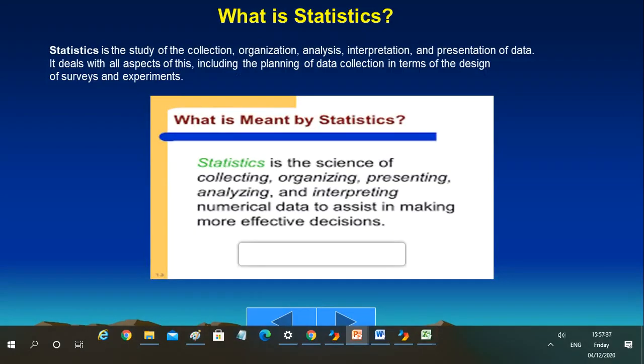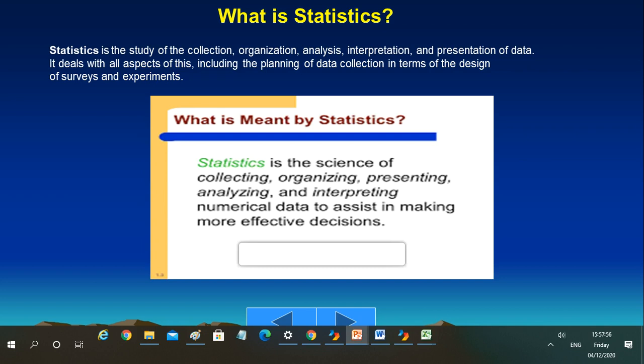So statistics is the study of the collection, organization, analysis, interpretation and presentation of data. It deals with all aspects of this, including the planning of data collection in terms of design of surveys and experiments. So what exactly do we mean by statistics?